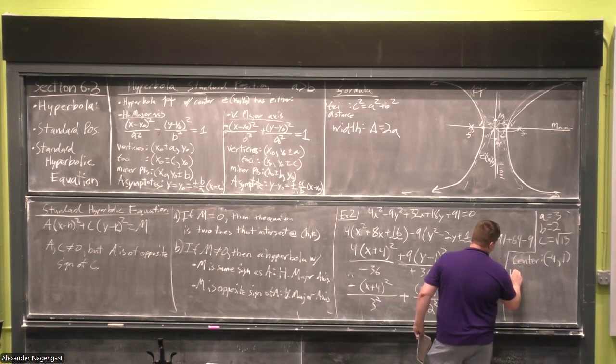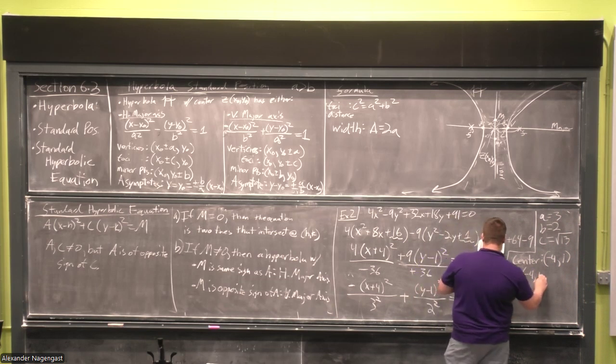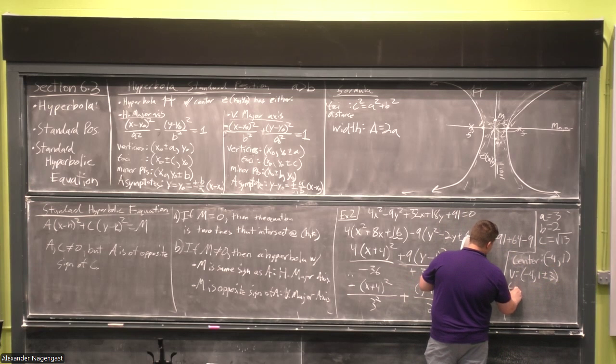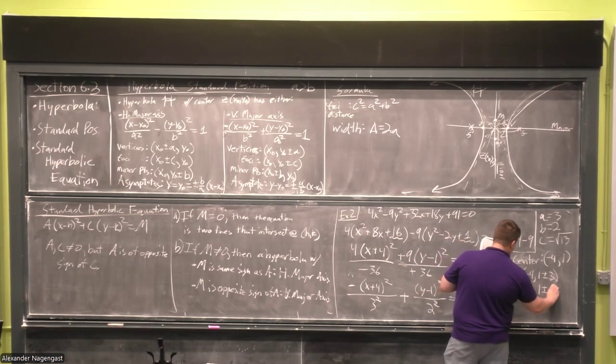So our vertices v is our x naught, negative 4, and now our y is 1 plus or minus our a, which is plus or minus 3. Our foci, f, is negative 4, 1 plus or minus our c, which is square root 13.